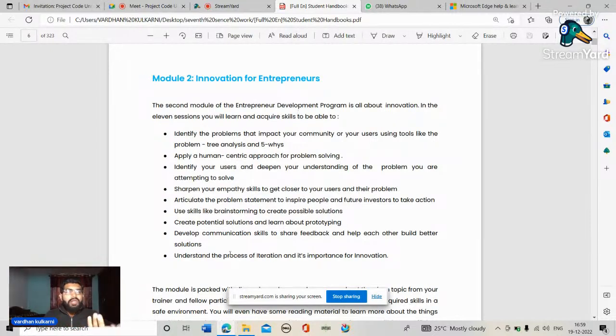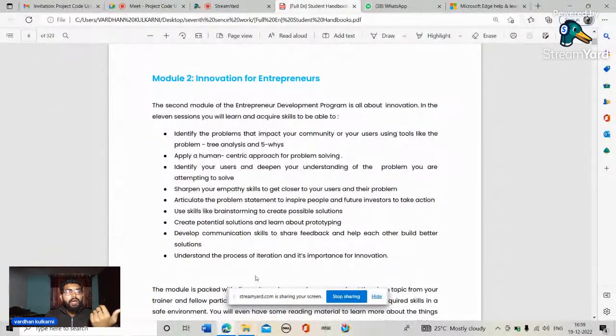So it is also called 5 whys. Then again you brainstorm, you research what happened and all. Then you try to give solutions to your neighbors so that you can solve those problems, and you can handle the situation in a proper way without any harmful impact.